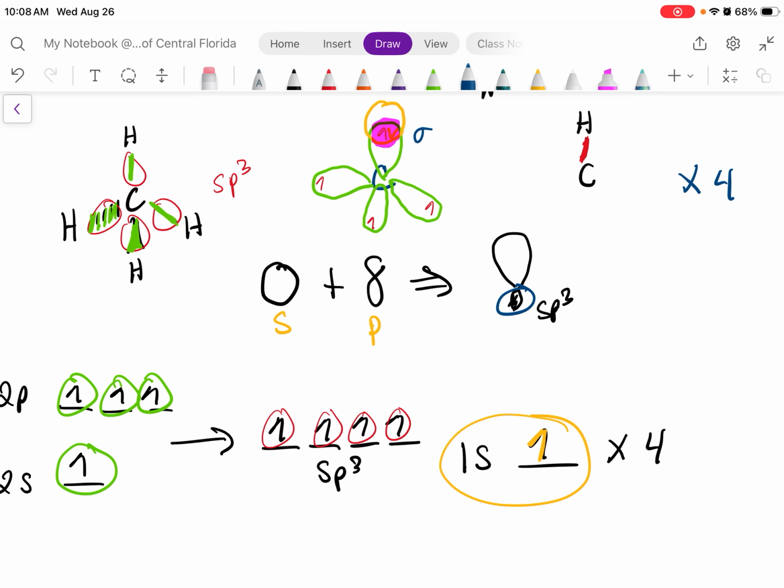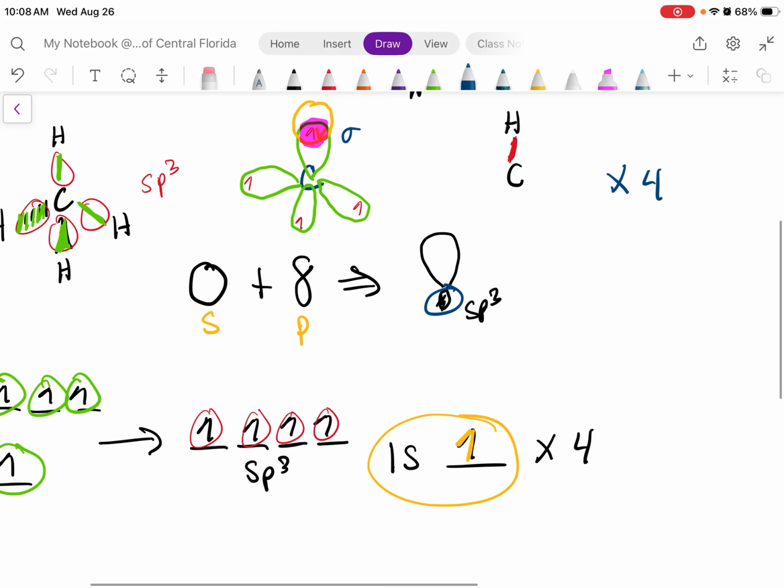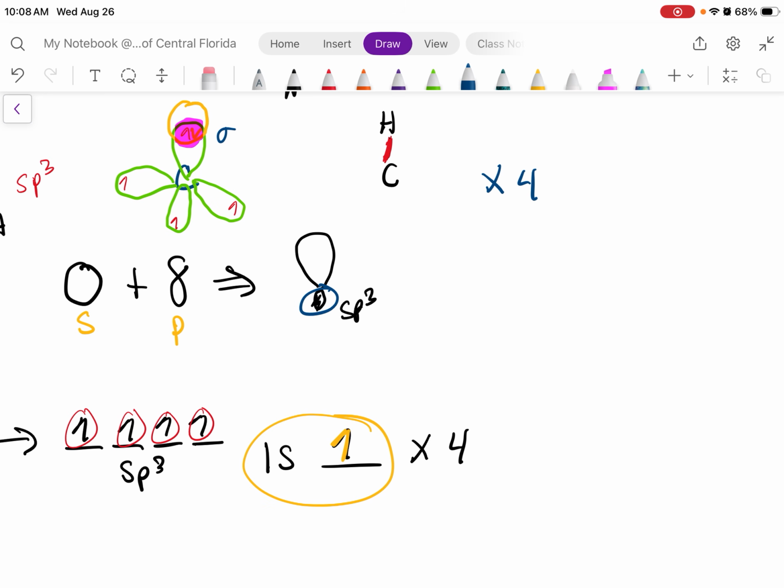So let me explain what head-to-head means. Let's draw ourselves an sp3 hybridized orbital and an s orbital. If we take that s orbital and get it on the side of the sp3 hybridized orbital like that, that is going to be considered pi bonding. Pi bonds.